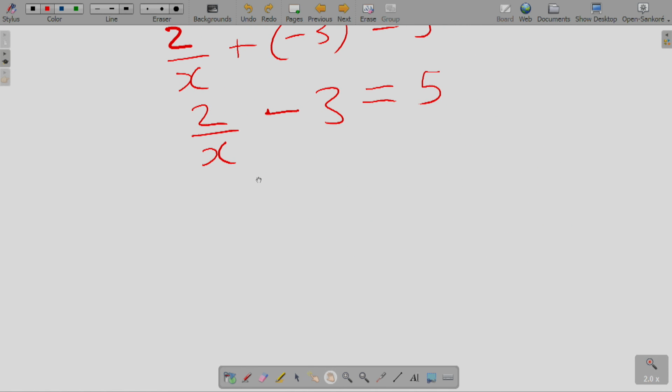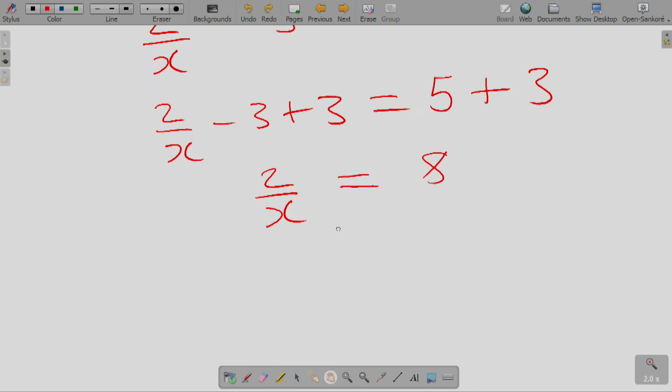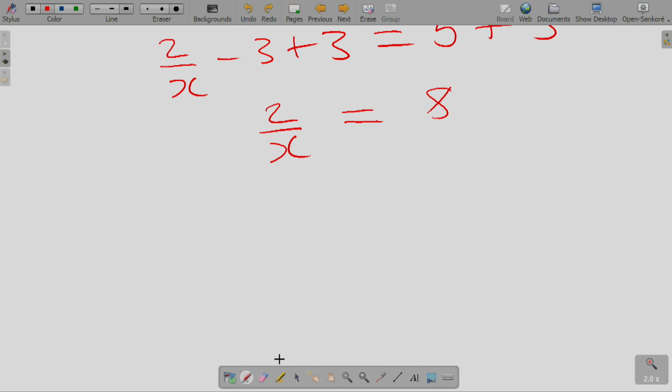So now let's add 3 to both sides. So we'll have 5 plus 3. So it will remain 2 over x equal to 8. We need to find the variable x. So let's multiply both sides by x.